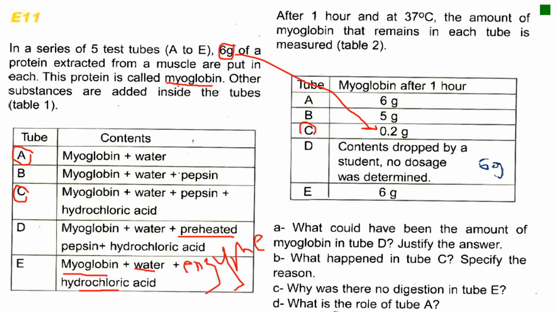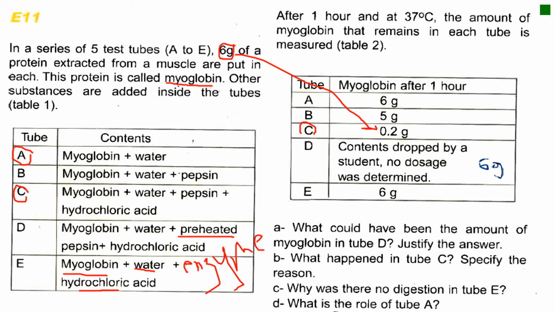The 6 grams of myoglobin that we have put will remain the same. So we say 6 grams, since preheating the enzyme destroys it, or high temperatures destroy the enzyme so that digestion cannot occur.